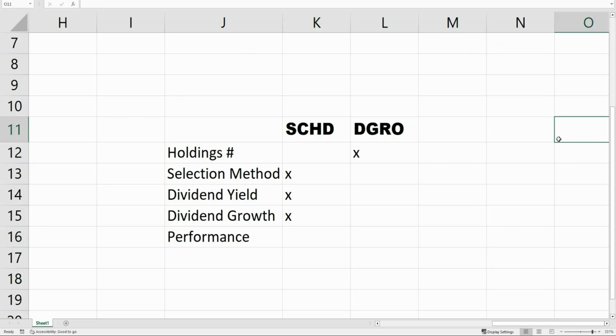So I think that the fair way to put it would be that both of these ETFs are tied in that regard, at least for now. So now we're going to conclude to determine which one is better. And of course, it does look like SCHD is coming out on top.